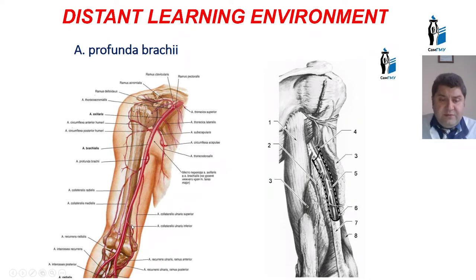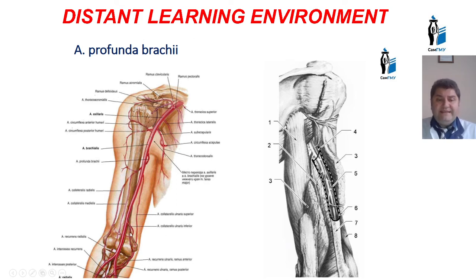And also you may see that the superior ulnar collateral artery passes at the posterior surface of the epicondyle of the humerus bone, and the inferior ulnar collateral artery passes at the anterior side of the epicondyle of the humerus bone.